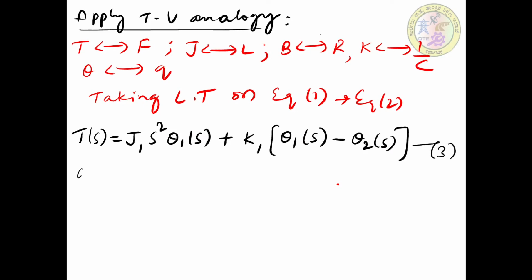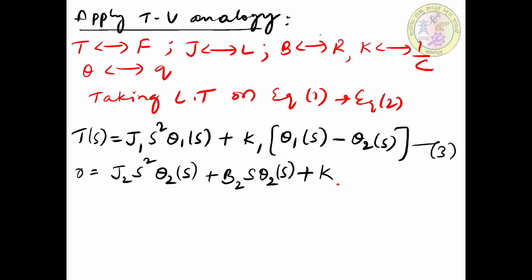Similarly, at the other node, we can readily write J2 s square, now it is theta 2 because it is at the second node, theta 2 of s, plus there is a friction component also. Therefore B2 s into theta 2 of s, then spring K, now it is theta 2 minus theta 1 of s.